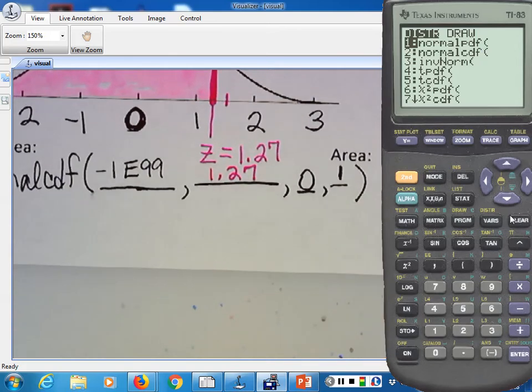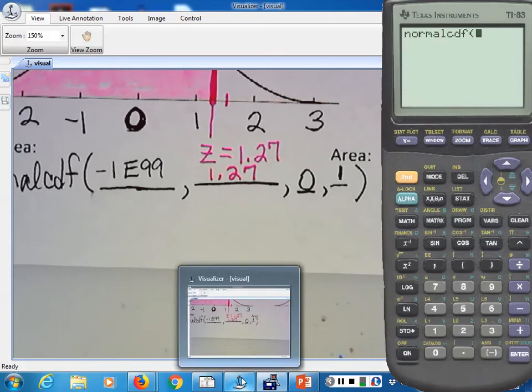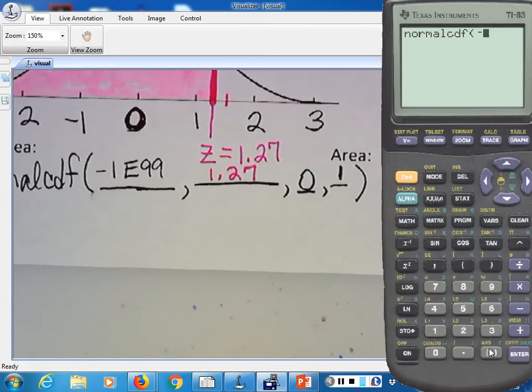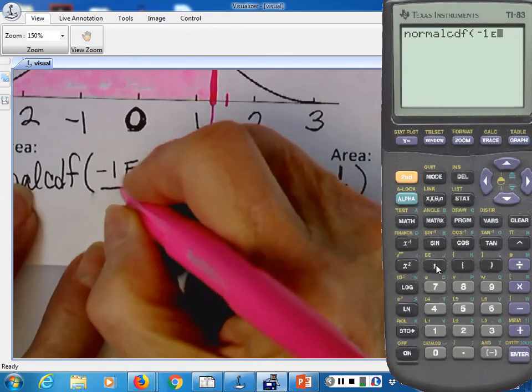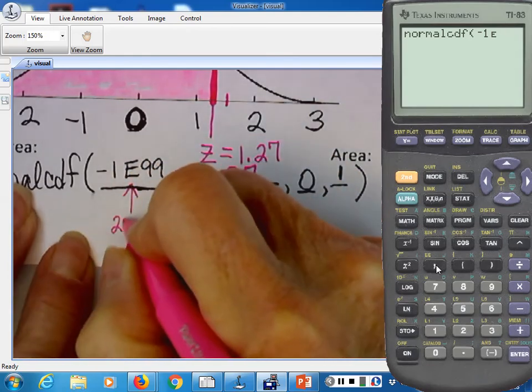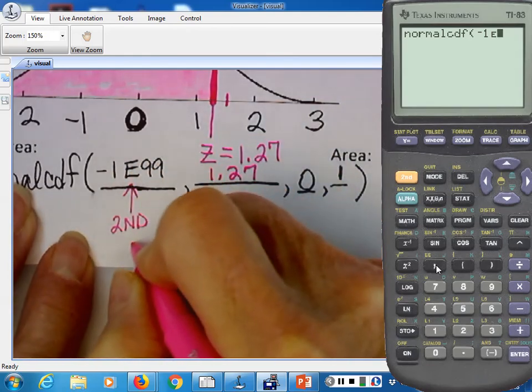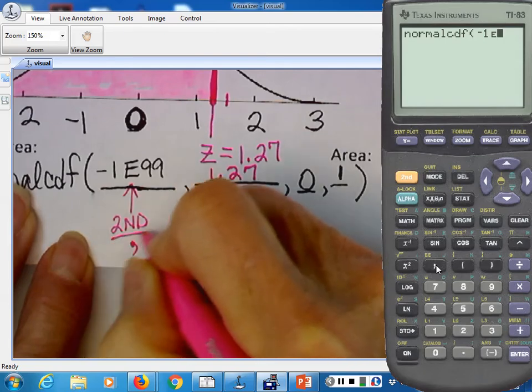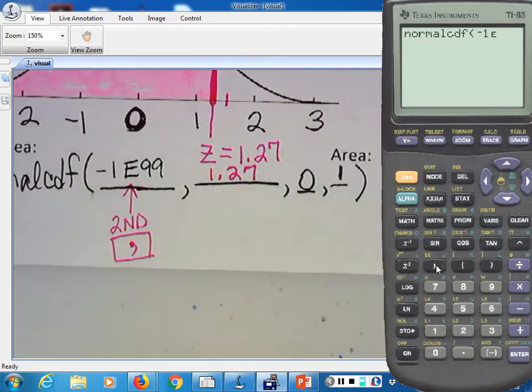So we're going to use number 2, which is normal CDF. And then we're going to enter in the numbers in this blank. Negative 1, and the exponential E is second comma. It's above your comma key.